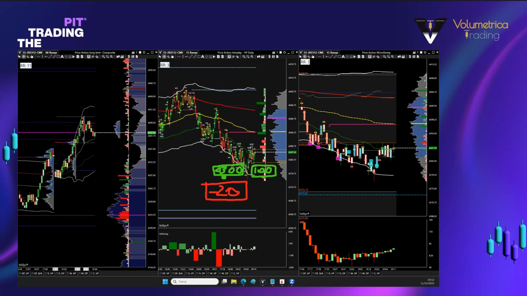Let's do this example once again from scratch. 4,300 is the price level. At this price level, we had 100 contracts bought aggressively. We have 80 contracts sold aggressively.